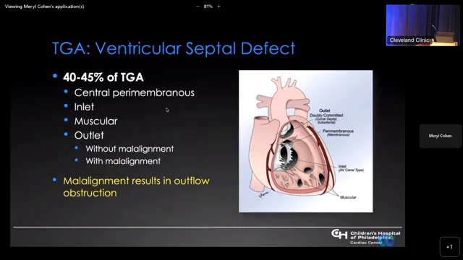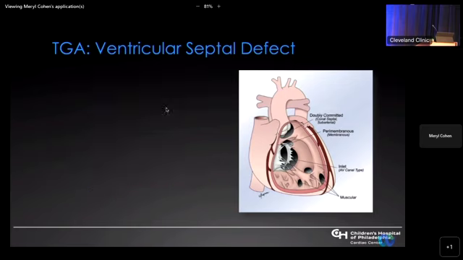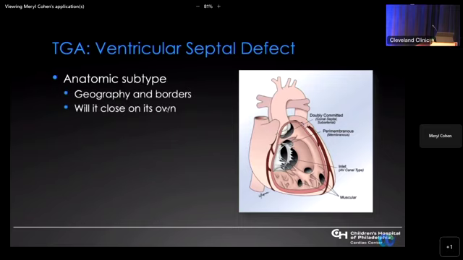Since most of the rest of the session will be about patients who have malalignment defects, these are more complicated patients who typically have outflow tract obstruction. And so when considering echocardiography, what you need to know for a patient with transposition with a VSD, you obviously need to know the anatomic subtype, including the geography where it's located and the borders of the defect.